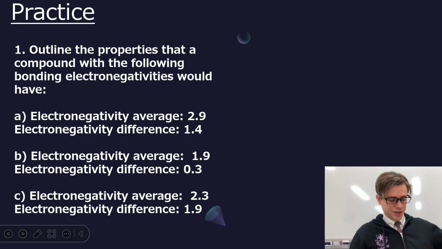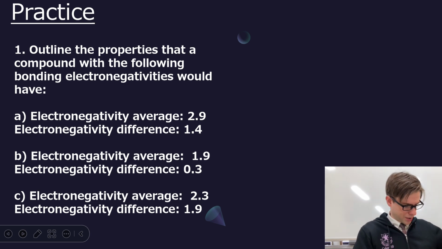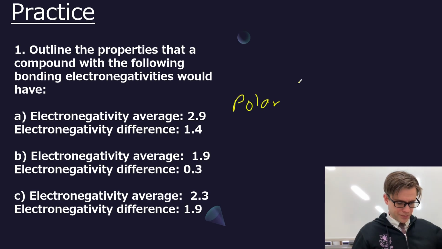Okay, some more practice then. Outline the properties that a compound with the following bonding electronegativities would have. Electronegativity average 2.9, difference 1.4. This is going to be polar covalent if you go check out where that would be on the triangle diagram. Polar covalent.